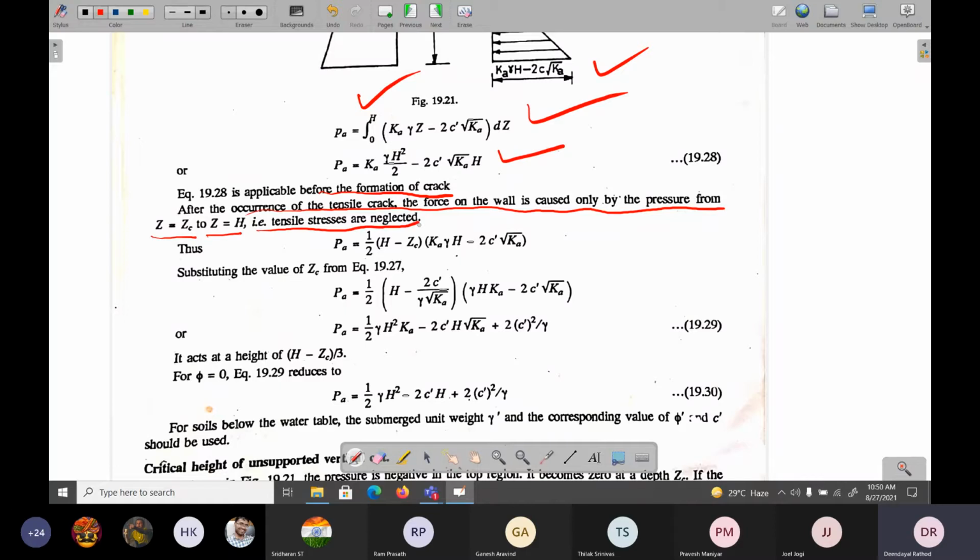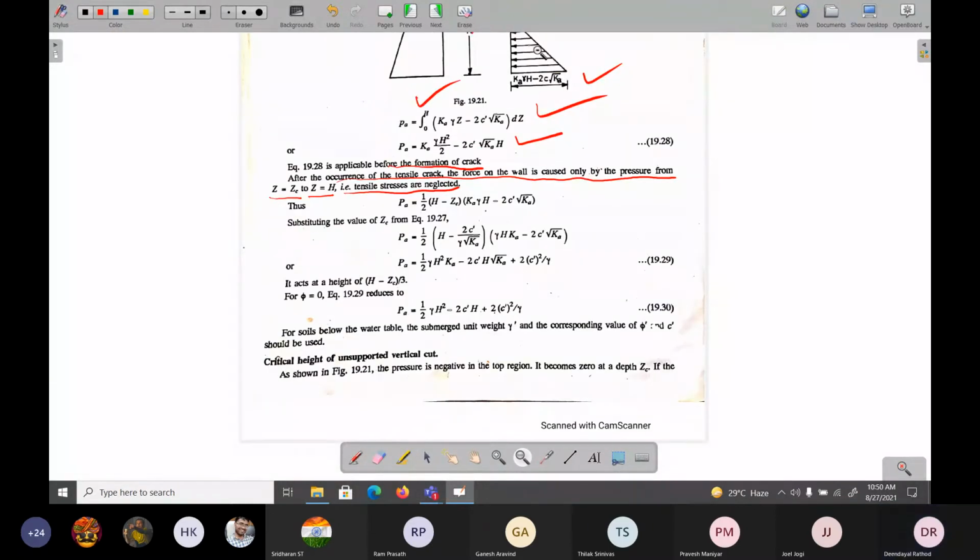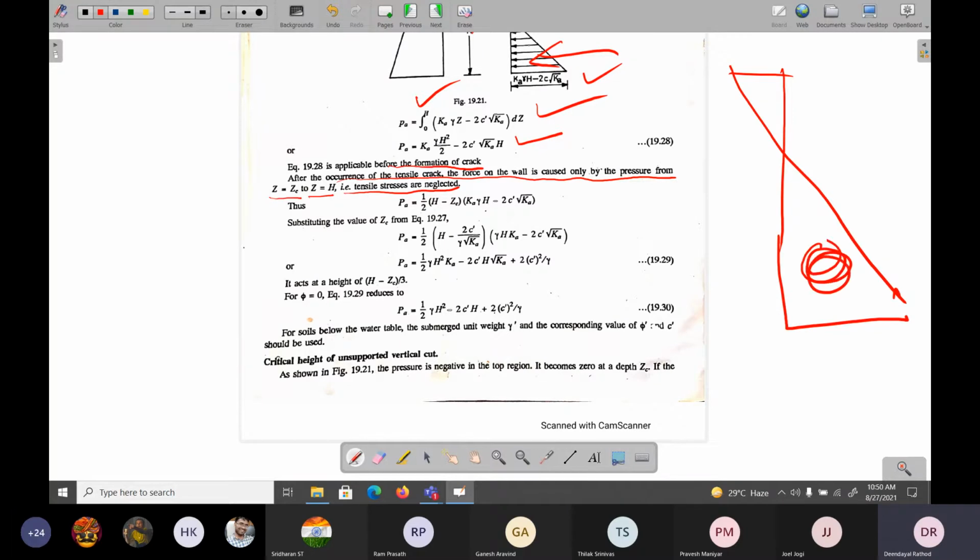So in the exam they will ask for the pressure before formation of the tensile crack and after formation of the tensile crack. After formation of the tensile crack, we neglect the negative term. We simply keep only this particular pressure, this part only. The top part we neglect, and only keep this one.